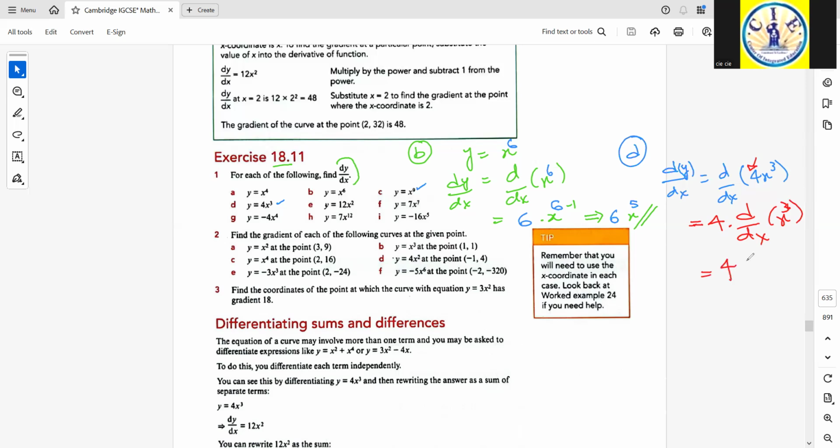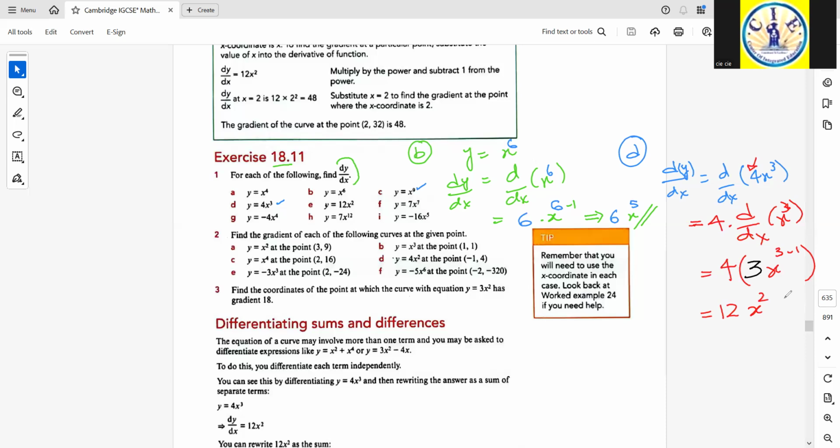Applying the rule that we applied on parts A and B, I'm going to bring this power to the beginning, and then it would be x raised to power 3 minus 1, which will give us 12 times x raised to power 2.